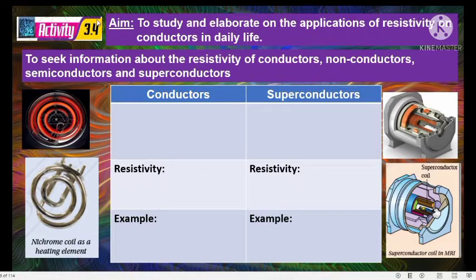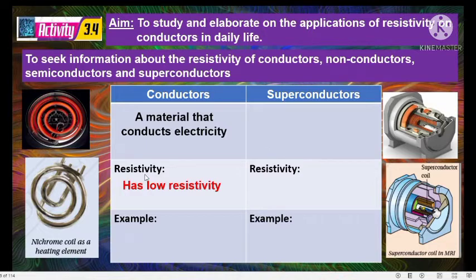Activity 3.4, this one is to seek information about resistivity of conductors, non-conductors, semiconductors, and superconductors. For the first one, we discuss conductors and superconductors. Conductors are materials that can conduct electricity, meaning they allow current to pass through. Low resistivity. If we compare among the conductors, you can see the value of resistivity is smaller, so low resistivity.